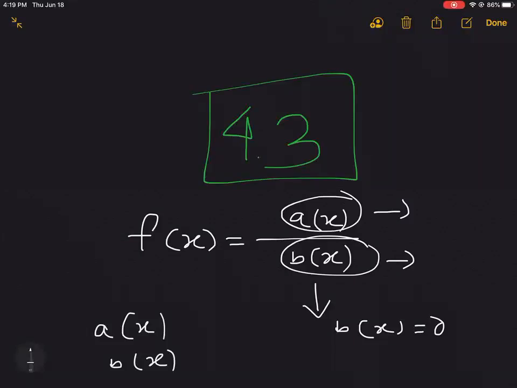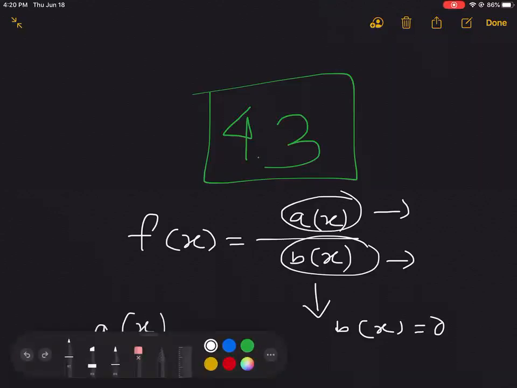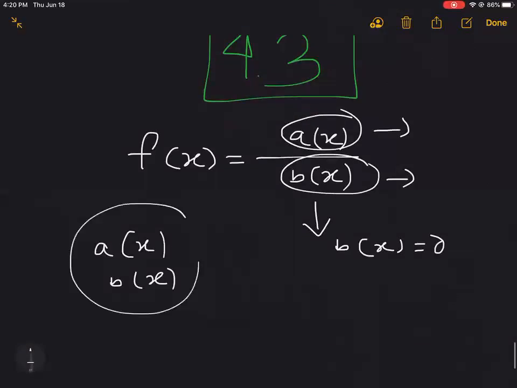Okay, it won't be exactly the same, because otherwise you can cancel these two, and in result you will get 1. That doesn't make sense either. That doesn't maintain the property of a rational function. So it will have two different polynomials.